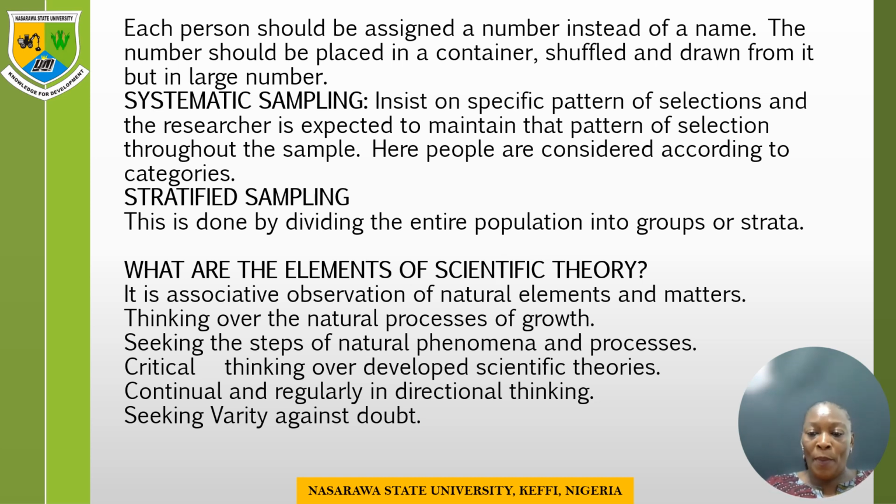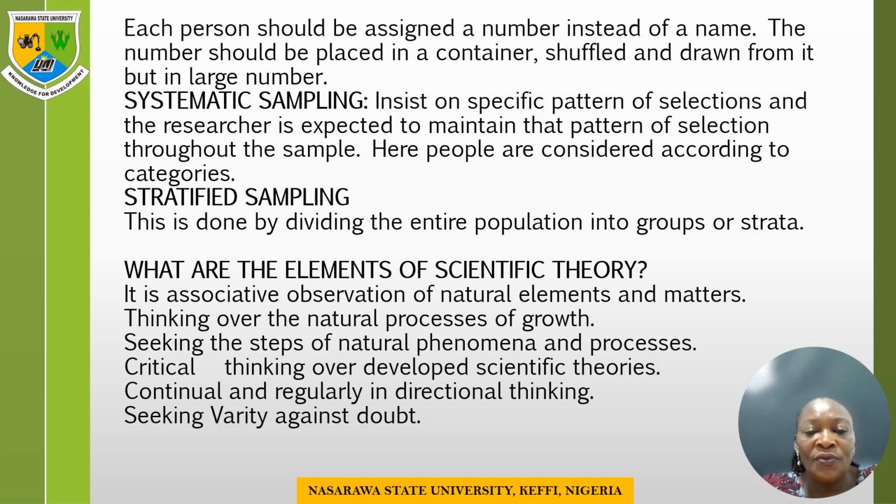While non-probability sampling are sampling that can use judgmental, and of course, your judgment can help you in sampling the people in which you want to take out or to take the research out. Now, we will come to that, but now let's talk a bit on what the element of scientific thought really is.